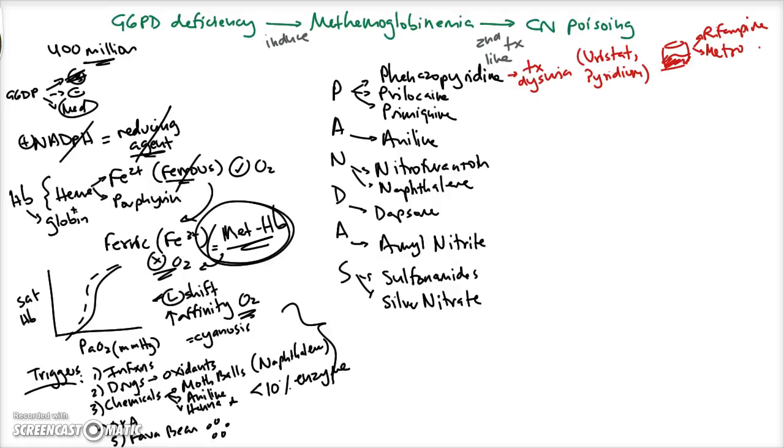Prilocaine is a drug that's often also given with lidocaine. It's used as a topical or local anesthetic in dental procedures and dental work. I don't think you'll see this very often in common medical or clinical uses.